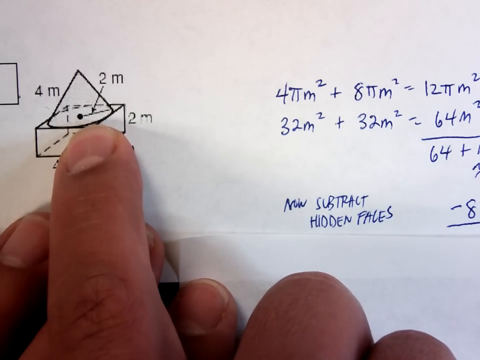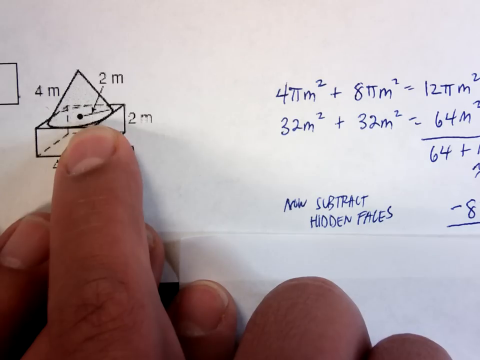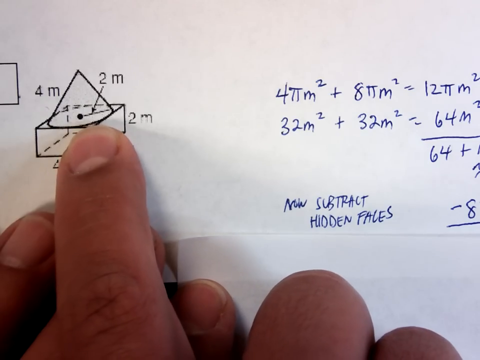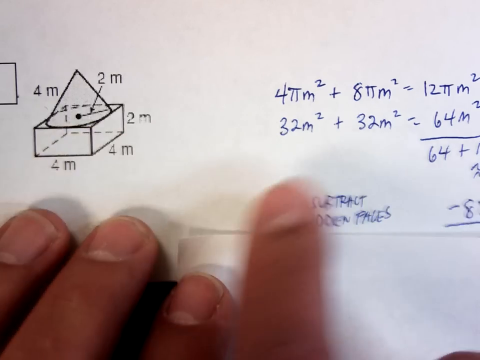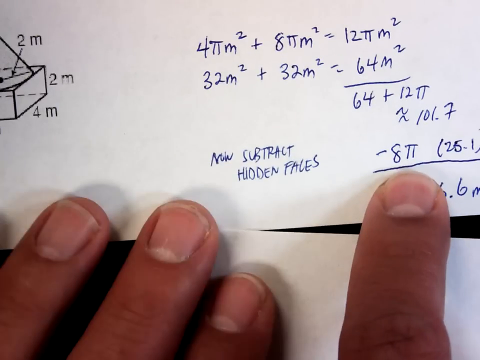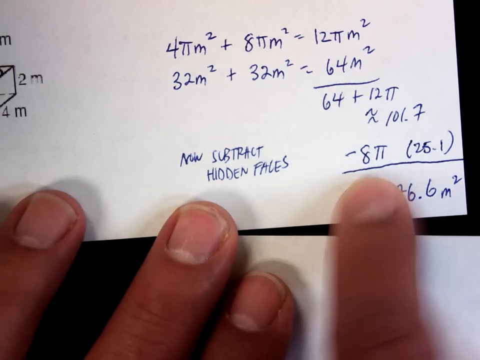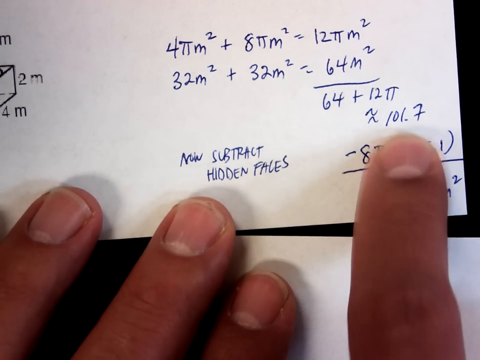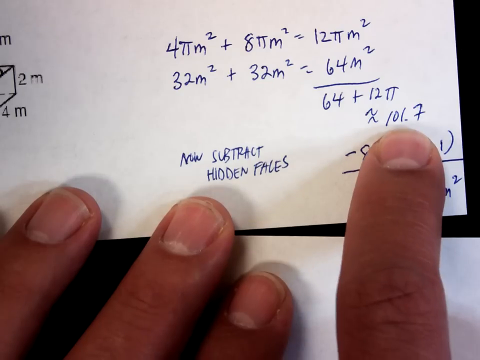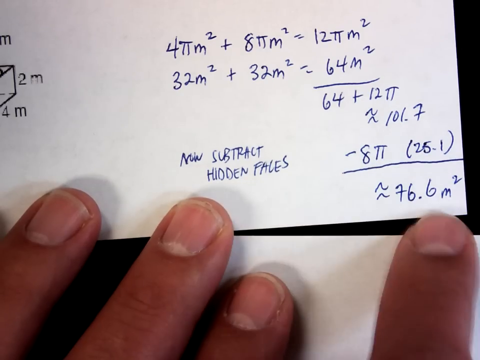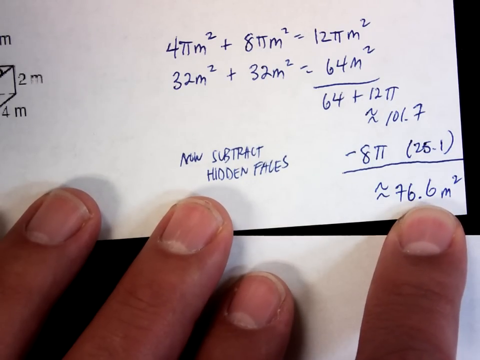The radius is 2, 2 squared is 4 pi. But I have to subtract that twice, because it's being covered up on the bottom of the cone, and it's also being covered up on the top of the prism. So 4 pi times 2 gives me 8 pi. So I have to subtract 101.7 minus 8 pi, which is approximately 25.1. So 101.7 minus 25.1 is approximately 76.6. That's all.